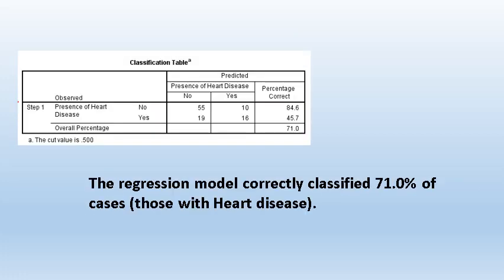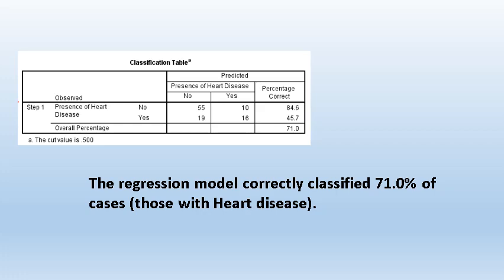Now we can look at the classification table. I told you before, based on the model, how many are diseased, how many are not diseased, or how many are having heart disease, how many are not having heart disease. So this table will show you presence of heart disease, based on observed value. Observed value means actually they have heart disease.